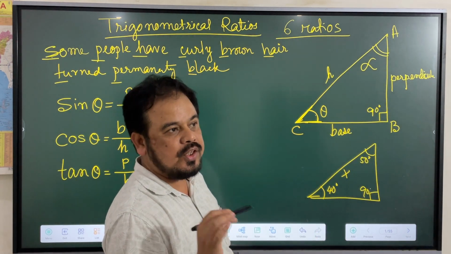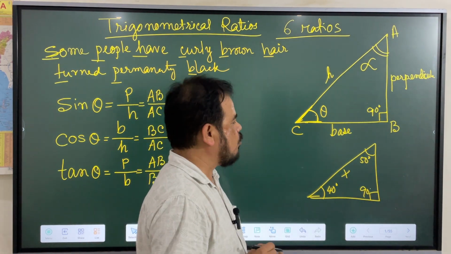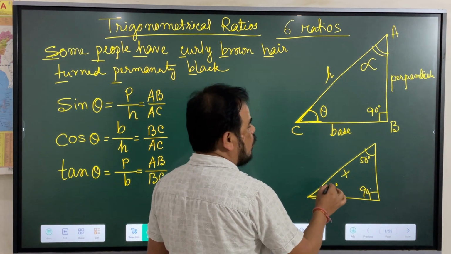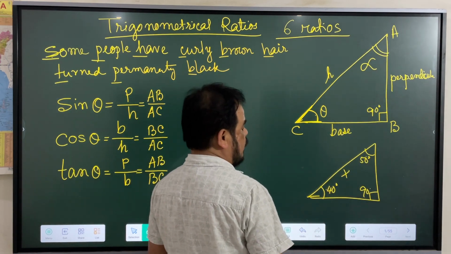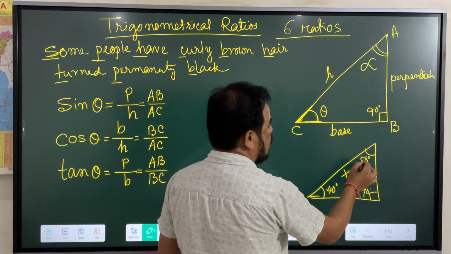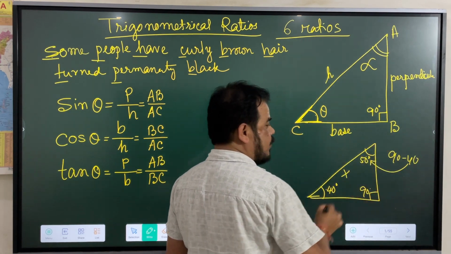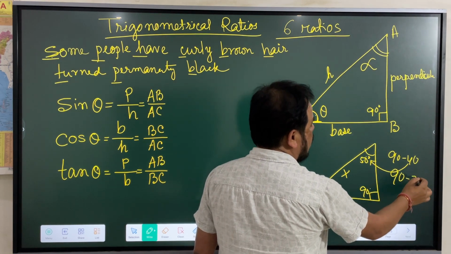So the sum of all three angles of a triangle is 180 degree.